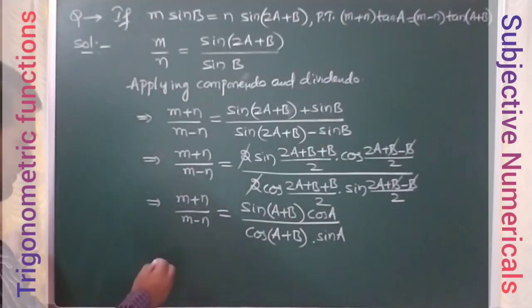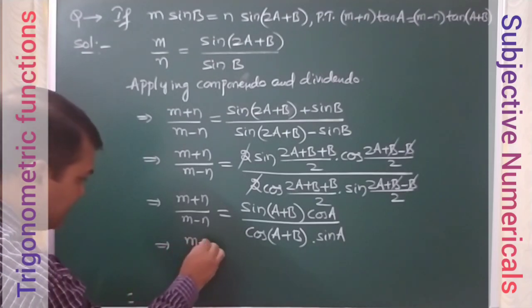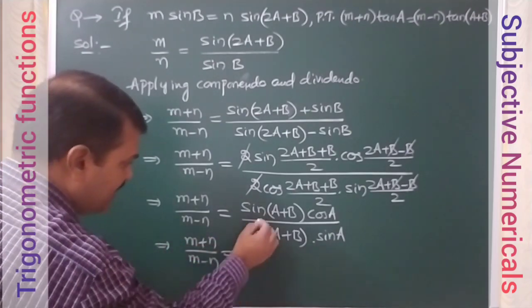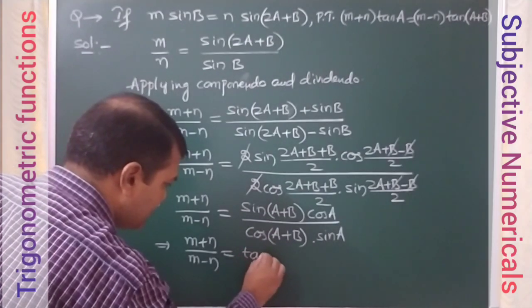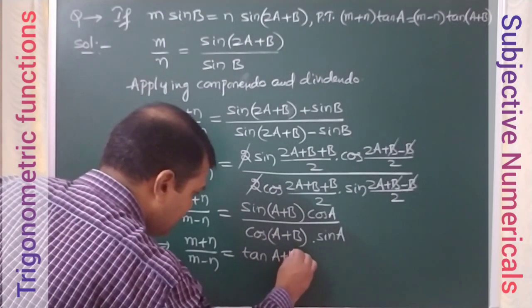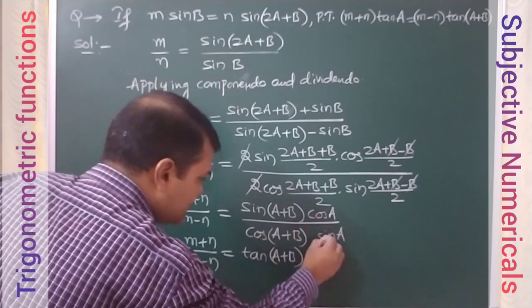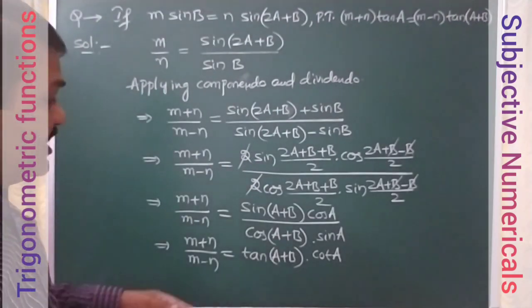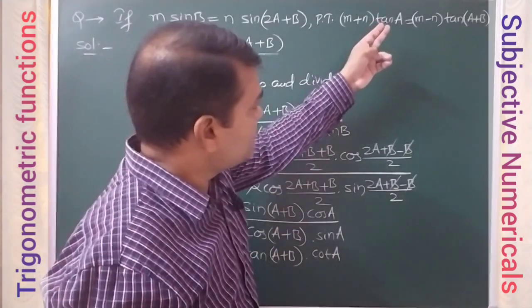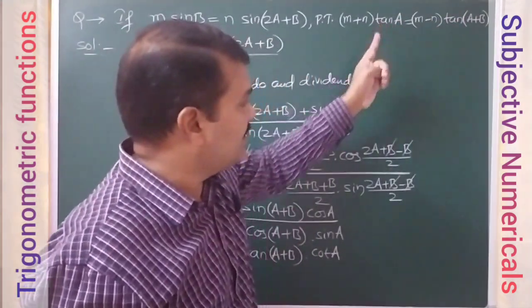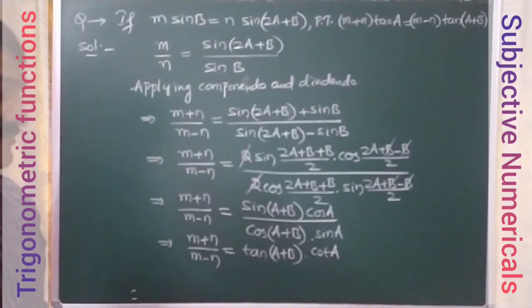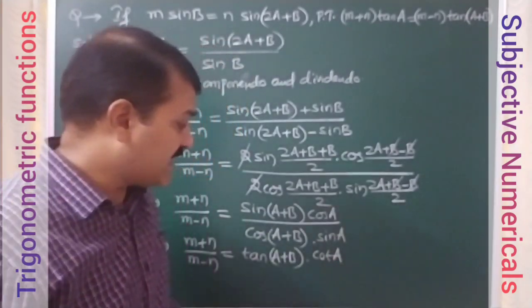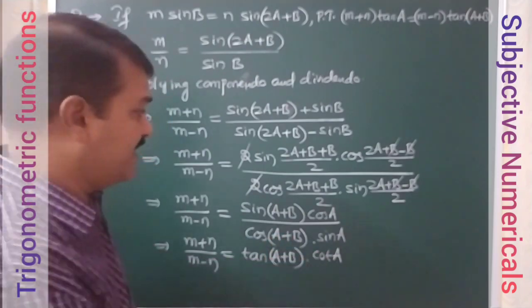So now we get the RHS as m plus n by m minus n is equal to sin a plus b by cos a plus b, that is tan a plus b. Cos by sin, cot a. But in the proof you have tan a, not cot a. So write this cot a as 1 by tan a.